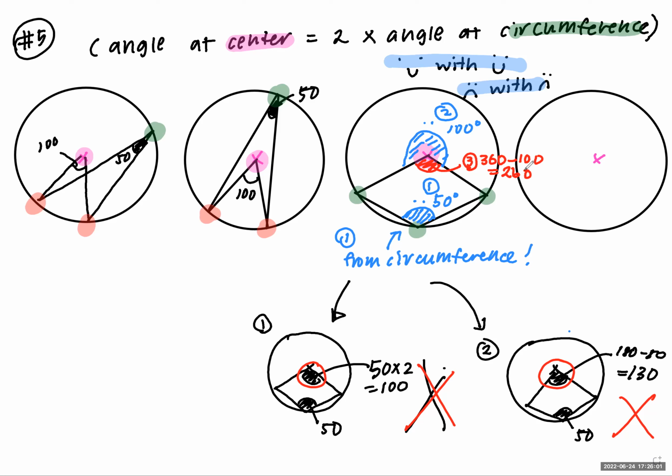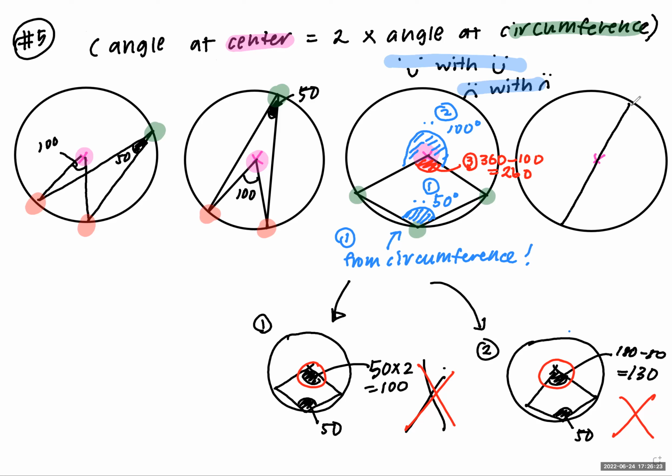All right. The last one that students make a mistake on is this. Here, they do not know what to do with this. Okay, it looks like a flag, right? Very ugly.